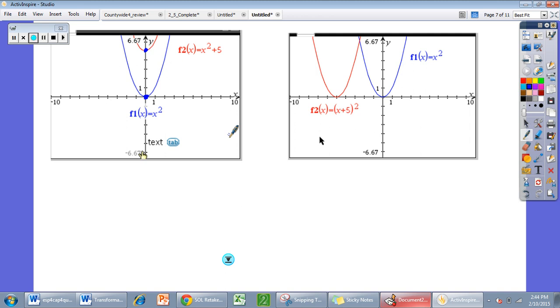It did tell me to move up 5. I just wanted to compare that again with the one where we had x plus 5 in parentheses. X plus 5 squared versus x squared plus 5. They are very different, and it's important that you notice the difference. We are just comparing this with quadratics, but you can do this transformation with any of your 10 parent graphs.